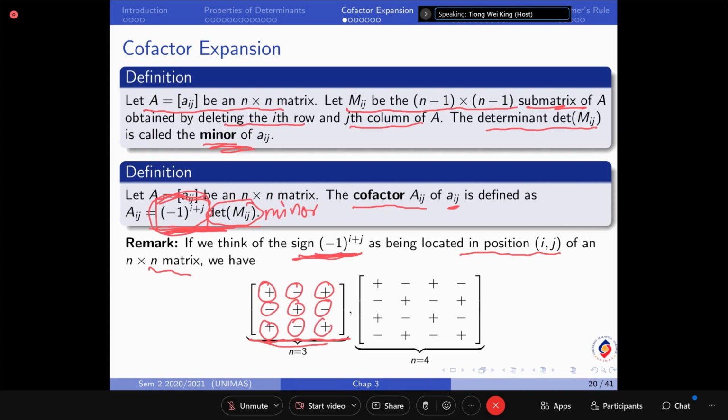If you have a 4 by 4, again you have a plus first. Always start with plus sign and then negative, plus, minus, and then plus. You have plus, minus, and so on. So if you remember the position here, then you don't need to remember the formula here. You just need to remember the minor here. Okay.